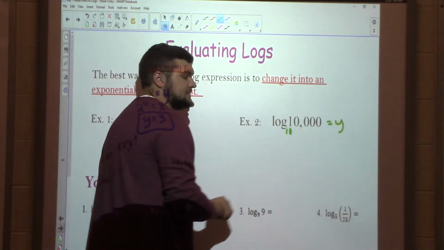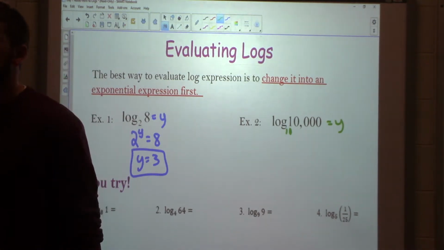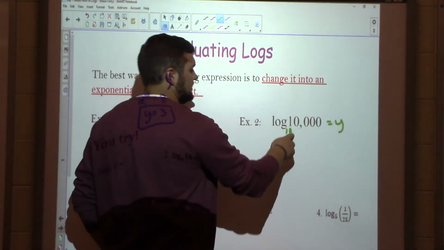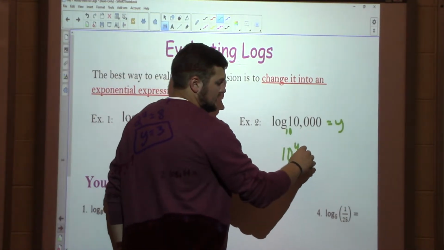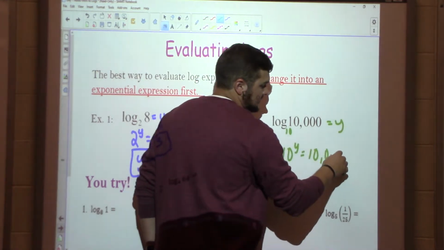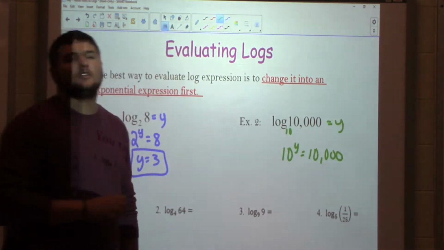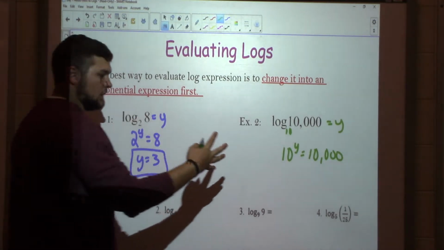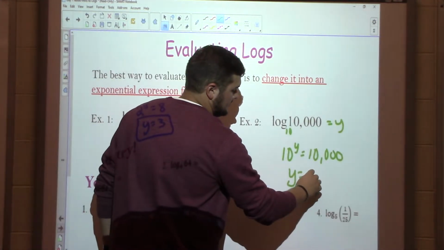If there's no base, it's a base of 10, so you can write it in there. Do you have to write it in there? No, but I would advise it. So log base 10 of 10,000 becomes 10 to the y power equals 10,000. And 10 to what power equals 10,000? 4. So y equals 4.